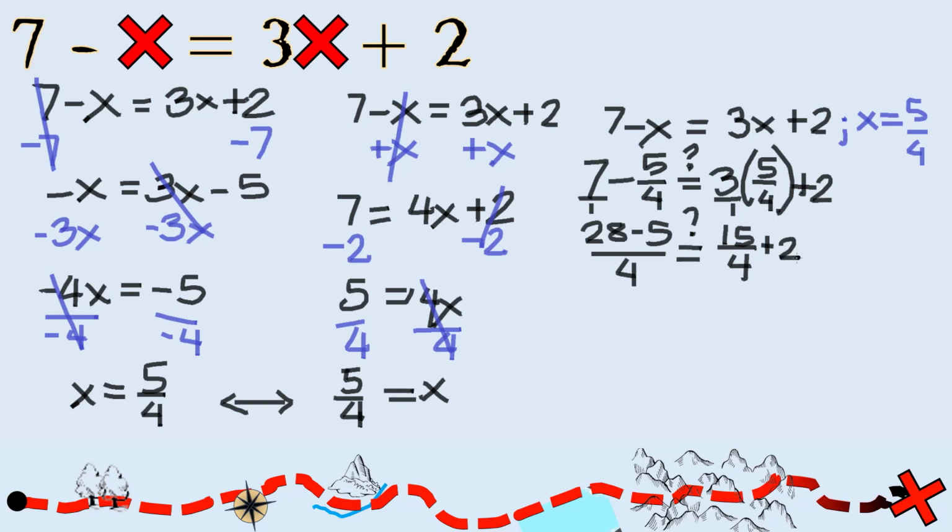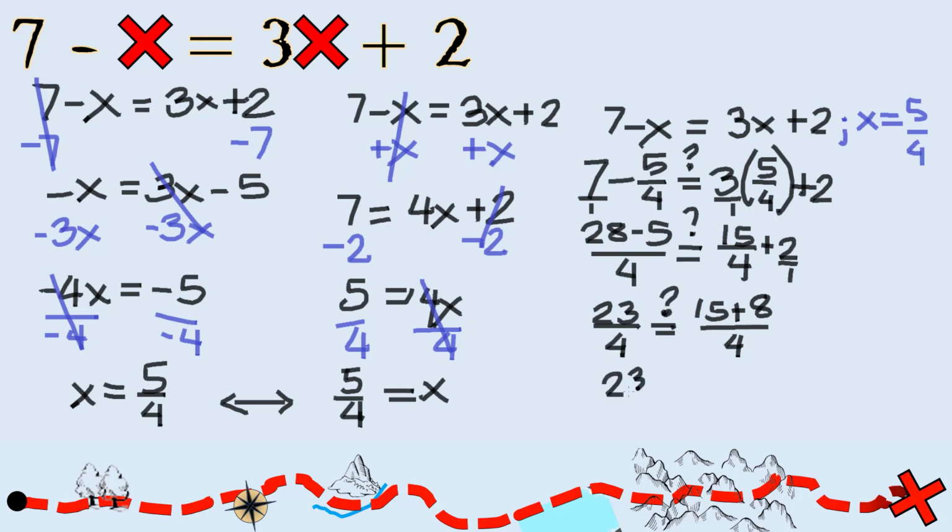Plus 2. So this side now will become 23/4. How about the other side? LCD. Again, this again over 1. So LCD is 4. 4 divided by 4 is 1 times 15. I have here 15. 4 divided by 1 is 4, times 2, I have here 8. And the operation is plus. Even if it's too obvious, simply continue with the process until you reach this.